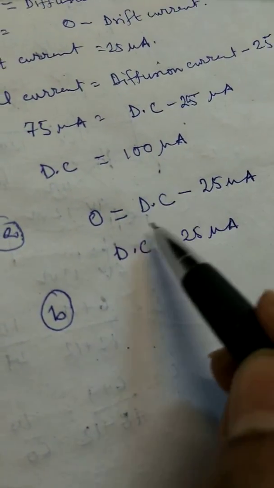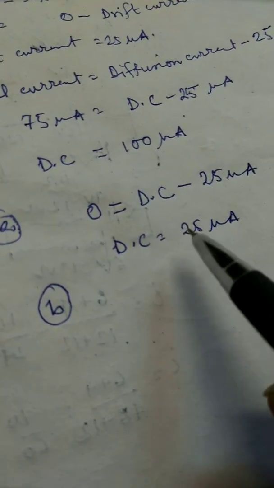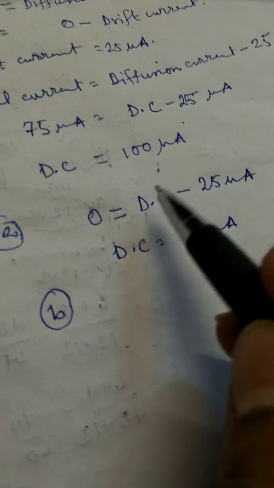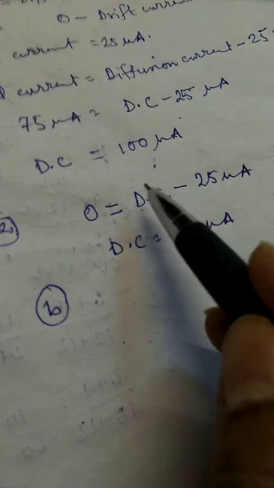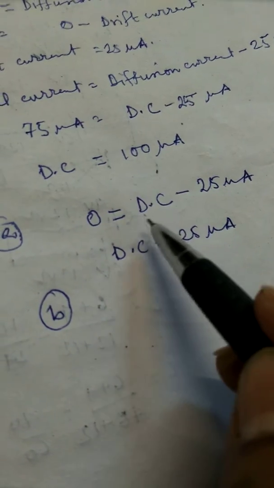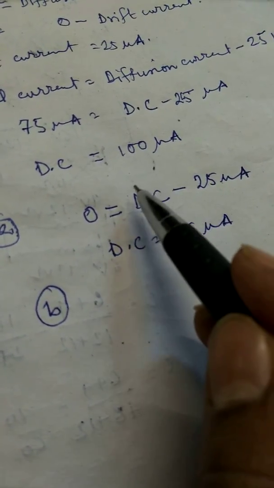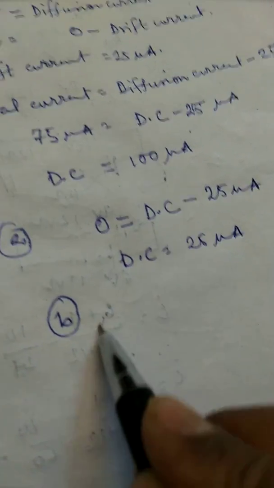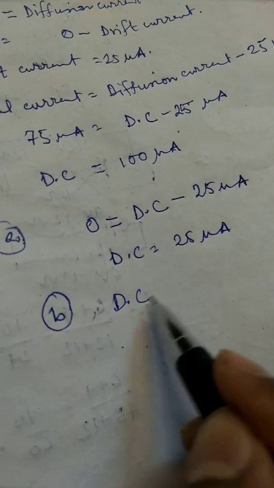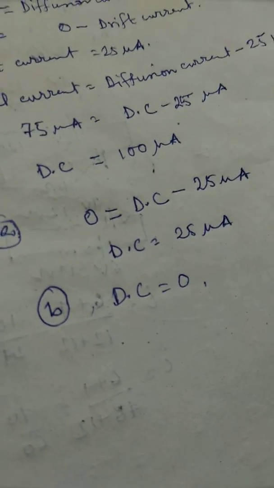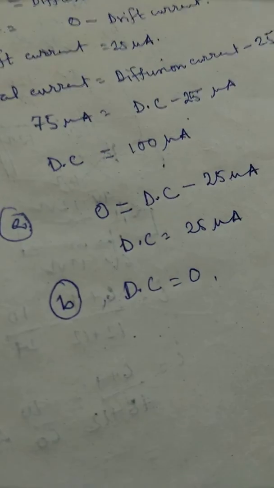The diffusion current is zero. We have told that initially. In reverse bias, the current due to majority carriers, that is the diffusion current, becomes zero. So diffusion current in reverse bias is zero. This is the explanation for question number 90.